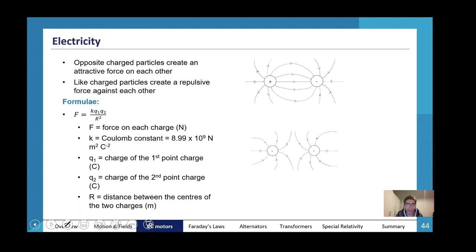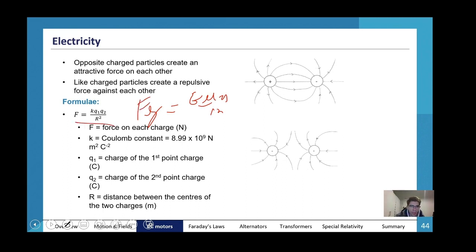Now, the formula here is very similar to that of the gravitational potential energy. So instead of G, capital M, G, so instead of using this formula, we're using this formula.